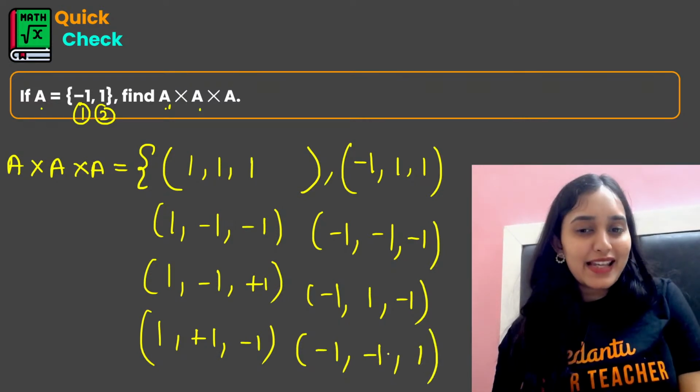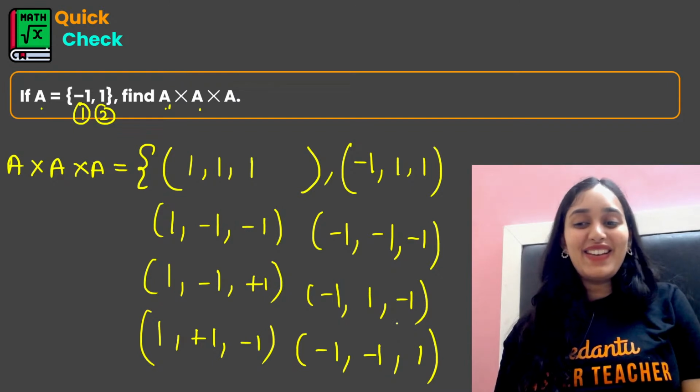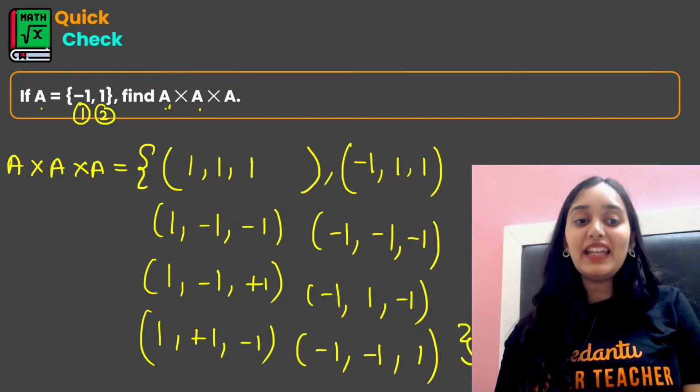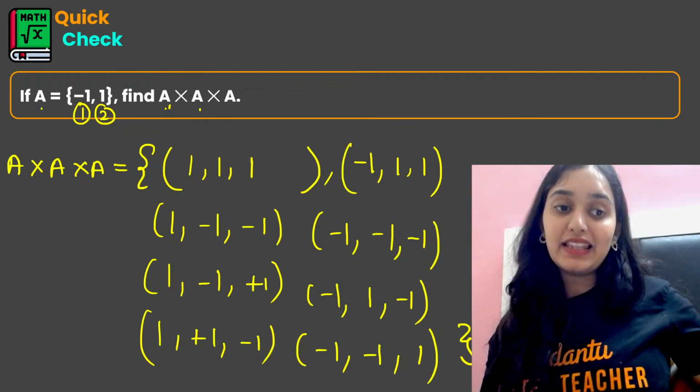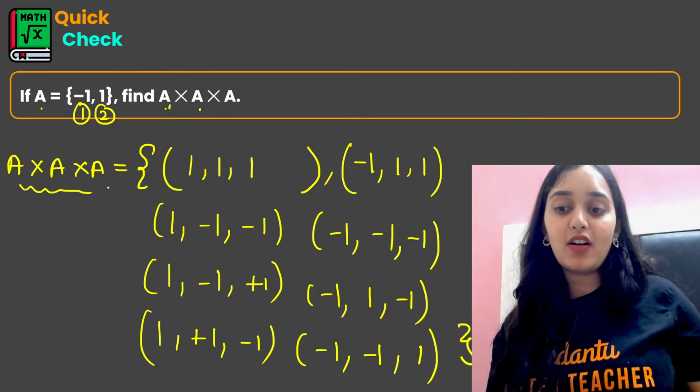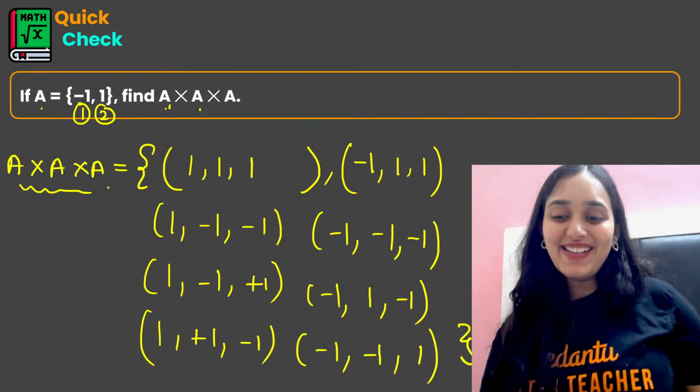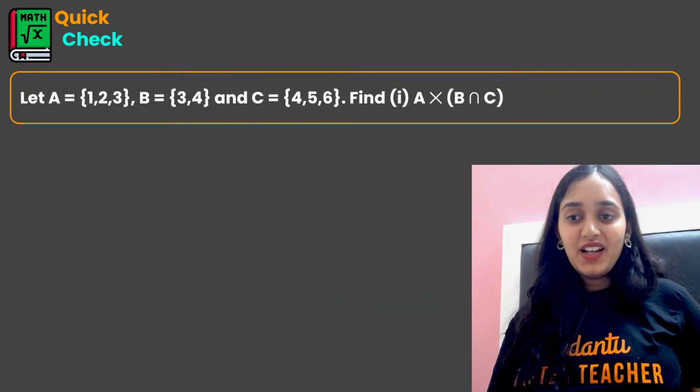Apart from this, is there anything else possible? Not possible. So, my number of ordered triplets is going to be 8 in the cross product of A cross A cross A. Alright. Okay.